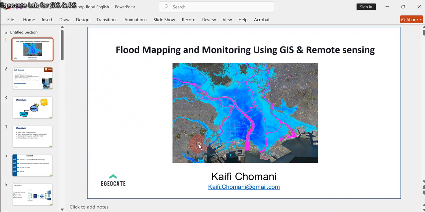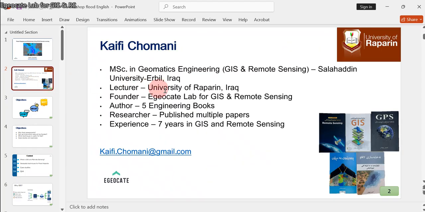My name is Kaifi Chomani. I have a master's degree in geomatics engineering, in which I mainly focus on using GIS and remote sensing techniques for environmental monitoring and natural hazard assessment. And specifically in this study, I will focus on flood mapping and monitoring.